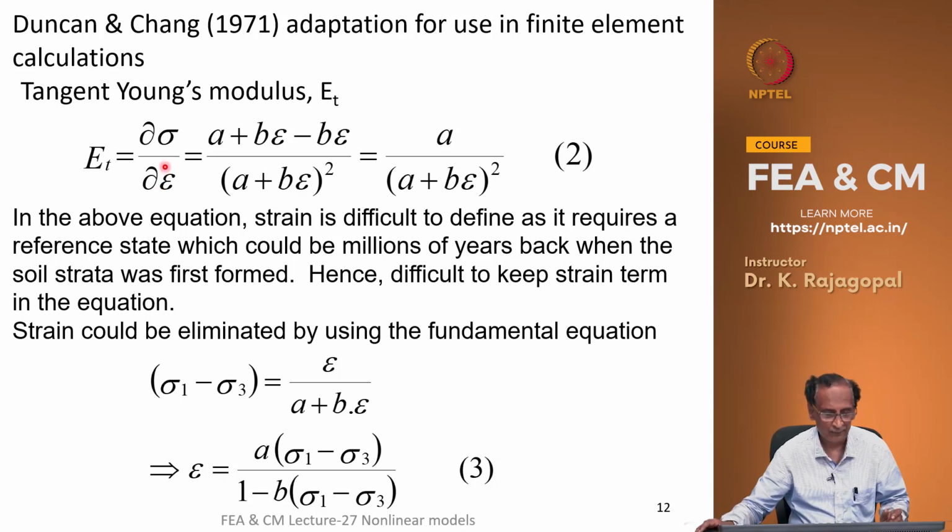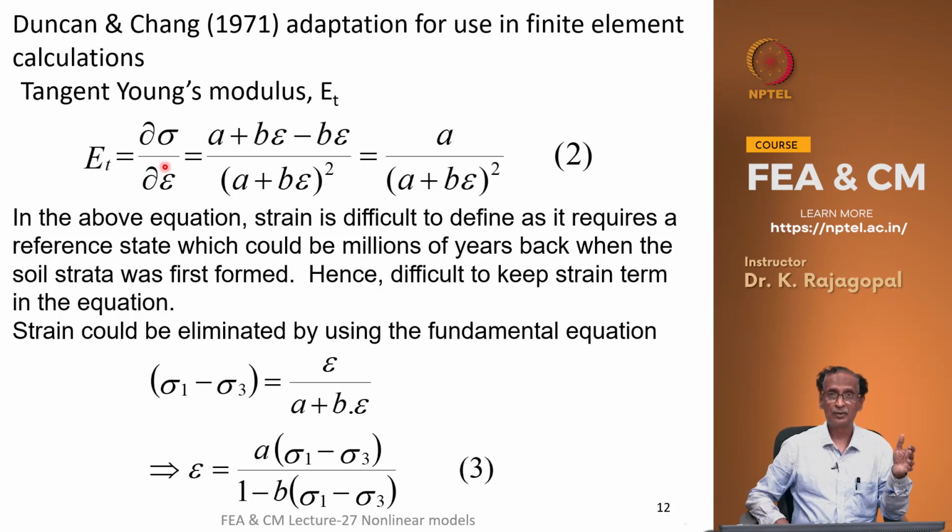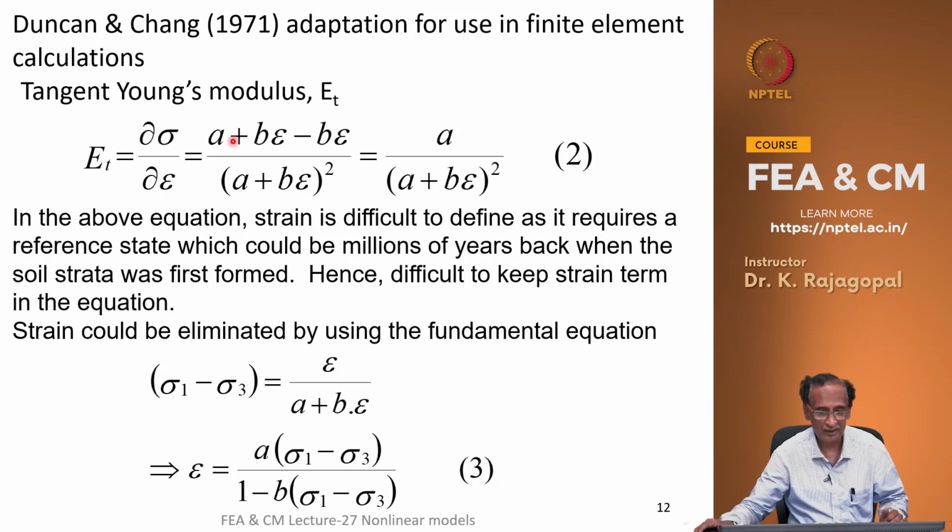If you differentiate your hyperbolic equation, epsilon by A plus B epsilon, with respect to epsilon, we get A plus B epsilon minus B epsilon, divided by the square of the denominator, and this comes out as A by A plus B epsilon whole square. So your tangent modulus is A by (A plus B epsilon) whole square.